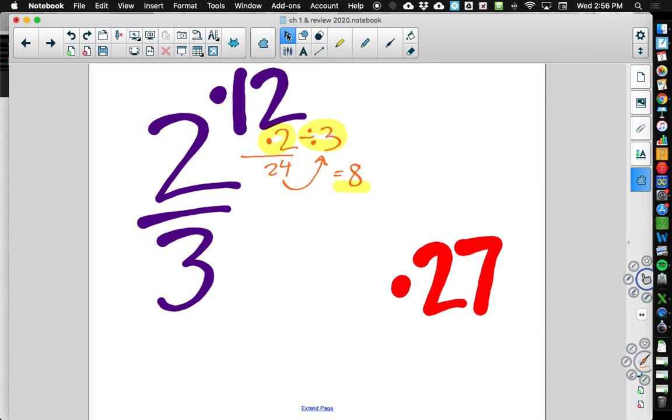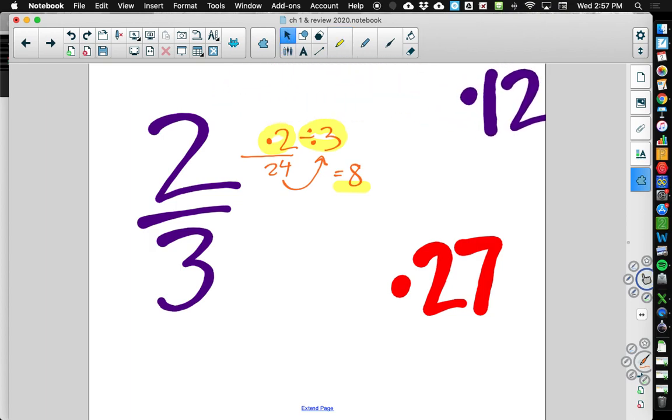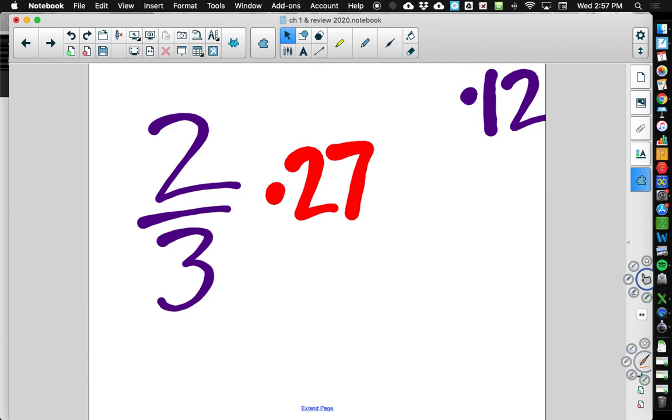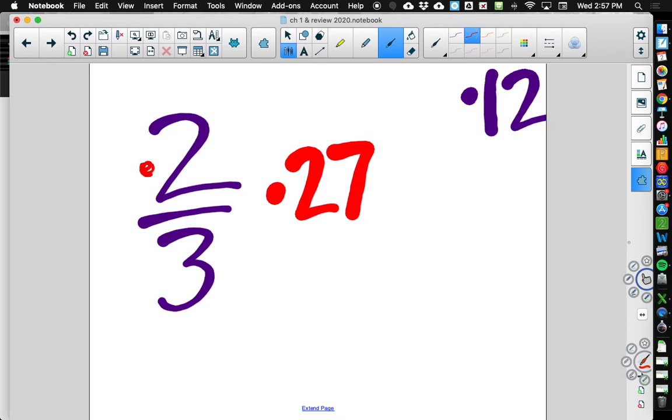So we're going to try one more just to see if that makes sense. Let's try it with 27. Remember that the top is just a multiply. This is times by 2. And the bottom is divided by 3. It doesn't matter which order I do it. But I do know if I multiply first, that's going to give me a big number.